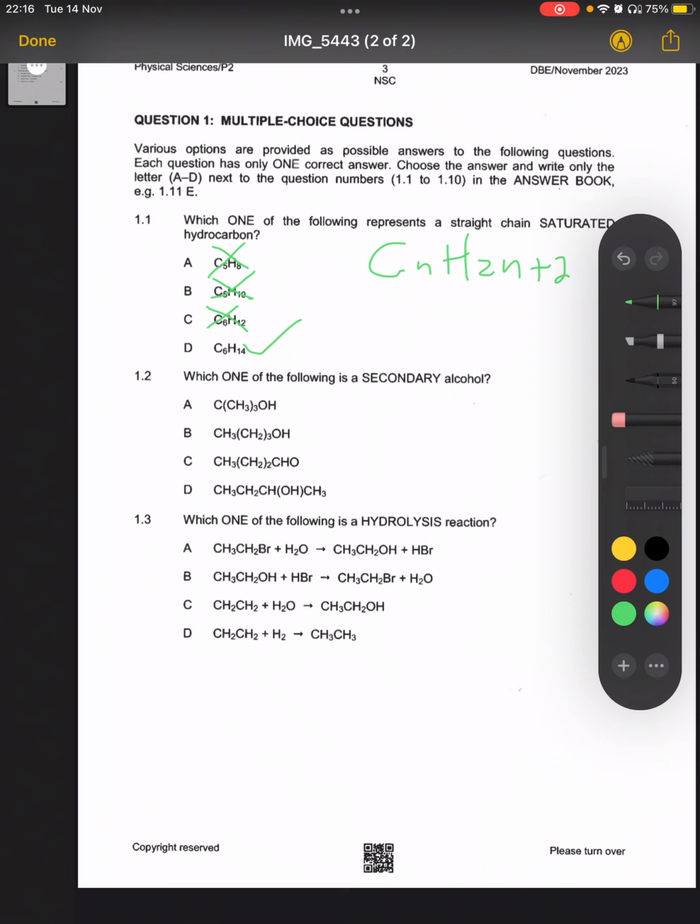Let me see if I can erase it so I can draw here. I'm going to be drawing with maybe a red color for the first structure.